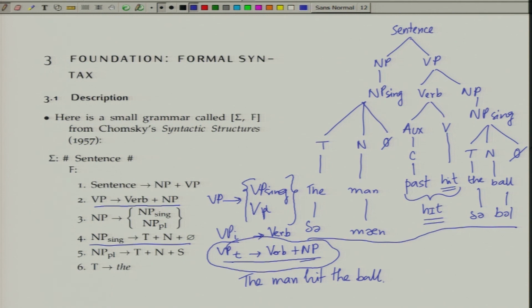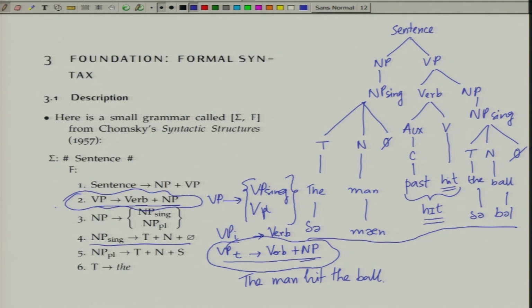It is semantically nonsensical, but it makes perfect syntactic sense. That's a grammatical string. So then we could have added these rules instead of, for example, rule number 2. So then we could derive both the man walks and the man hits the ball.